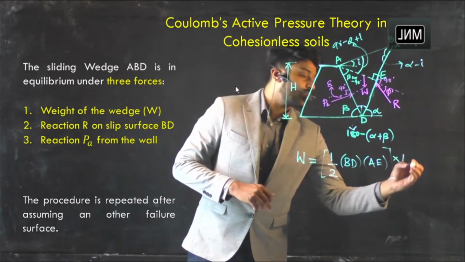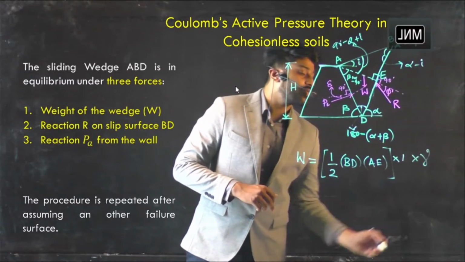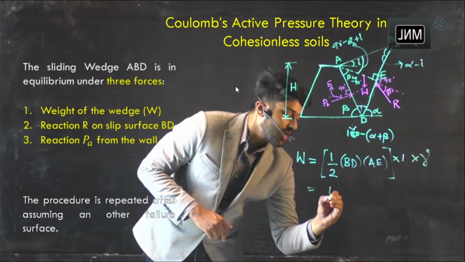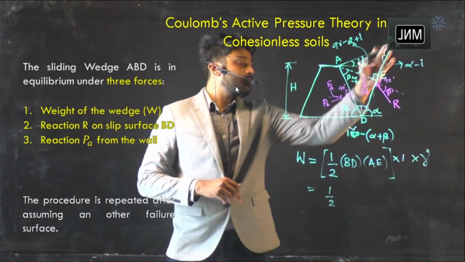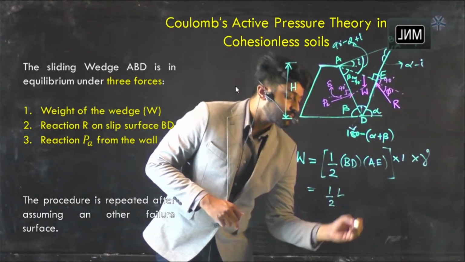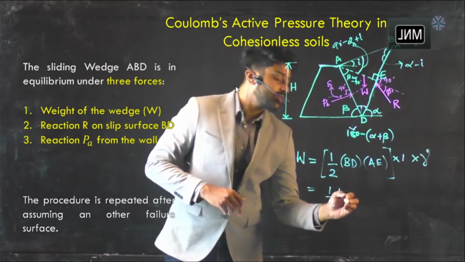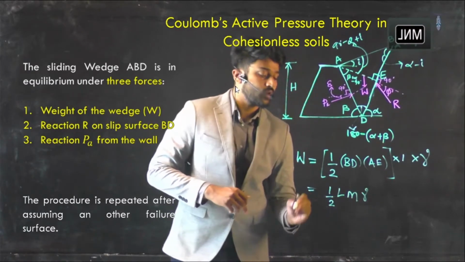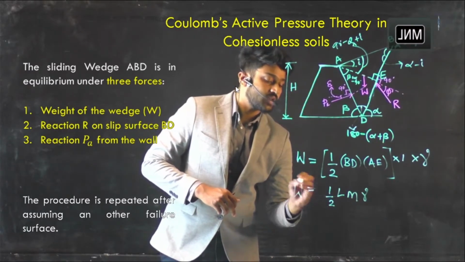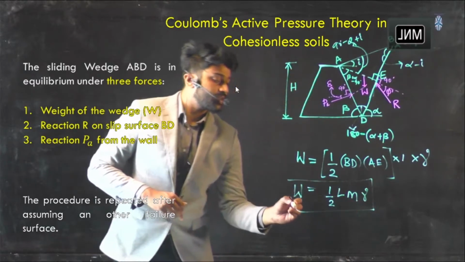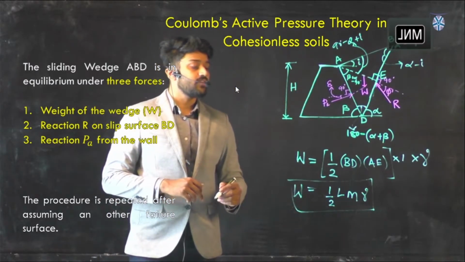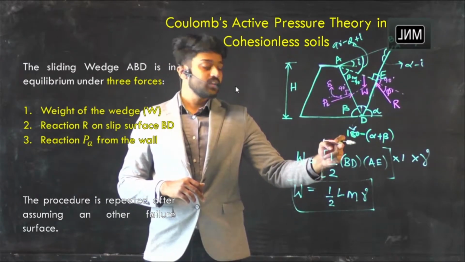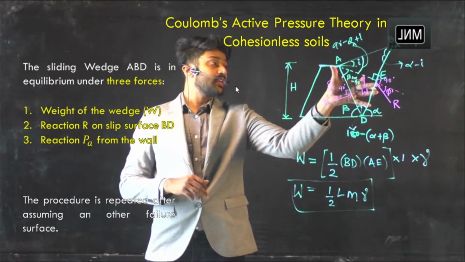So we got the volume, multiplied by the unit weight gamma. Let us represent for the time being, this is half into, let this length BD be L and AE be the height, let us represent this by M, and this is gamma. So the weight of this particular wedge is half L M gamma, where L is the length of this failure wedge and M is the height.